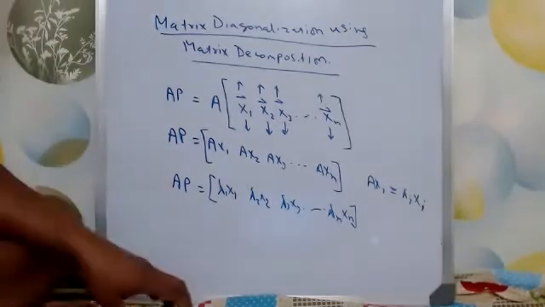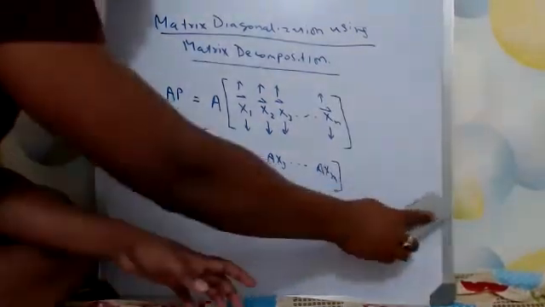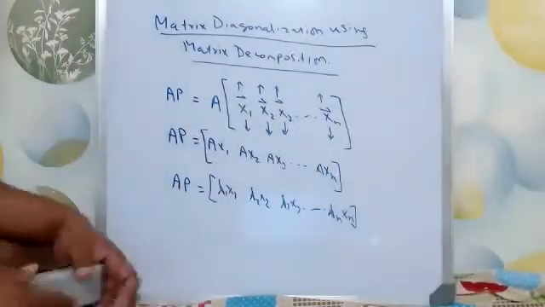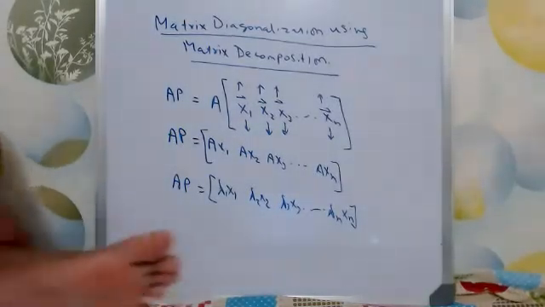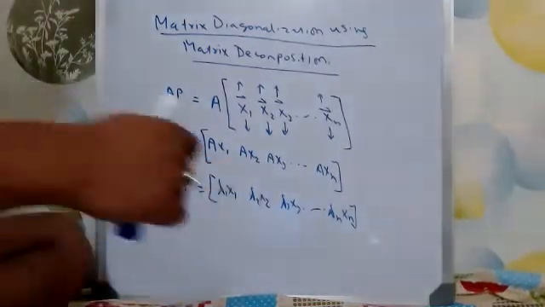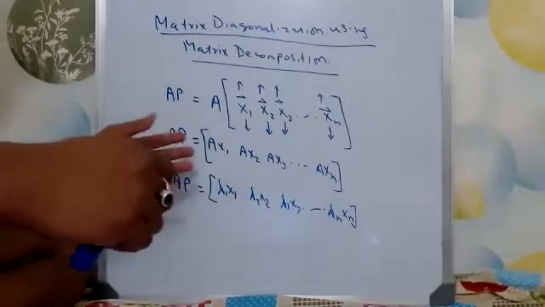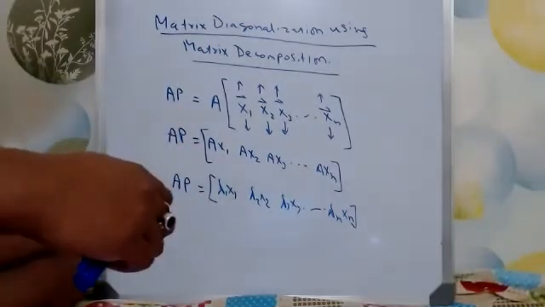Since all the x are eigenvectors of A, there will be a corresponding eigenvalue of A also, which are lambda 1, lambda 2. So in place of AXi, I can write lambda 1 x1, lambda 2 x2 like this.